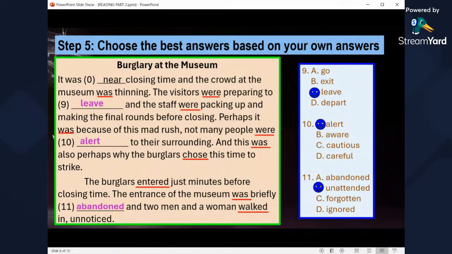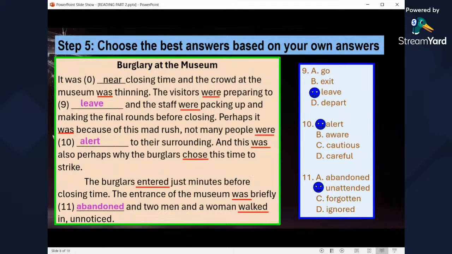Okay, and then these two men and women walked in unnoticed. You cannot use forgotten. You cannot use ignored. Was briefly ignored, was briefly forgotten. Nobody would have forgotten. No, it's not really abandon. Abandon is leaving it, like a child is being abandoned, a house is abandoned. It's for a long time.